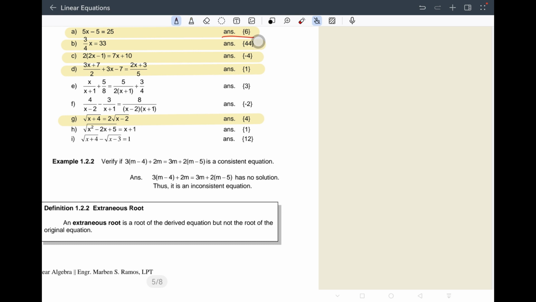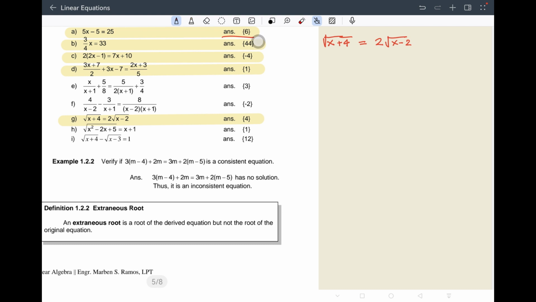So let us try to solve this equation. Square root of x plus 4 equals 2 times the square root of x minus 2.